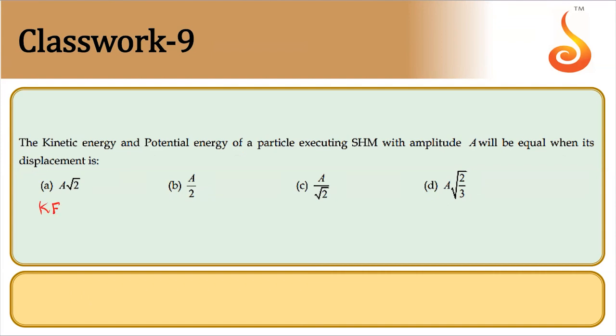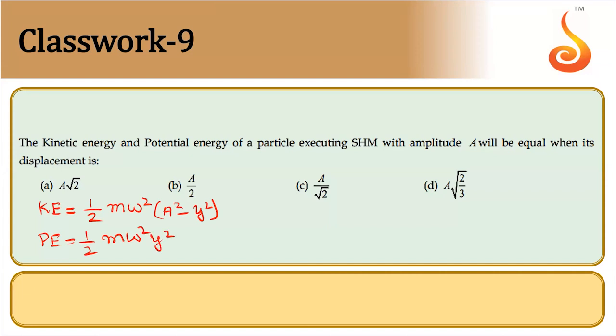See, kinetic energy of oscillating particle should be given by half m omega square into A square minus y square. Potential energy should be given by half m omega square y square.